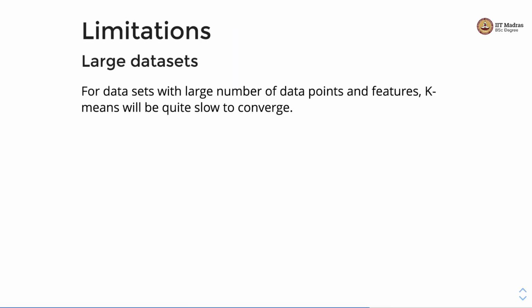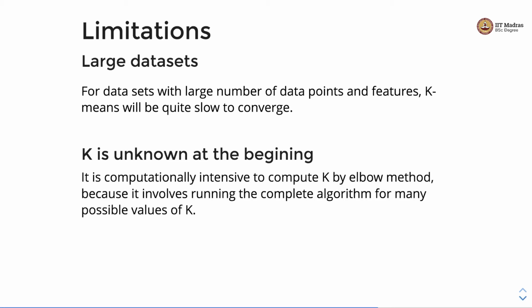For large data sets with a large number of data points and features, the k-means algorithm will be quite slow to converge, and you know the reason for that: the k-means clustering algorithm calculates pairwise distance between the points and the cluster centers. Another problem is that k is not known at the beginning.